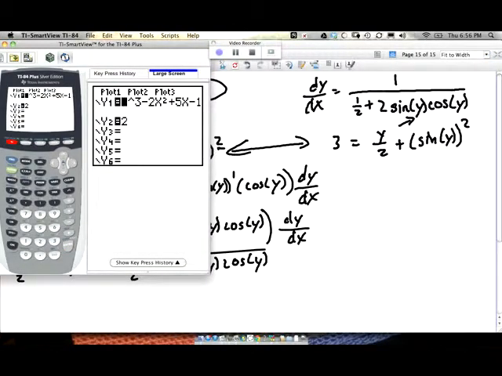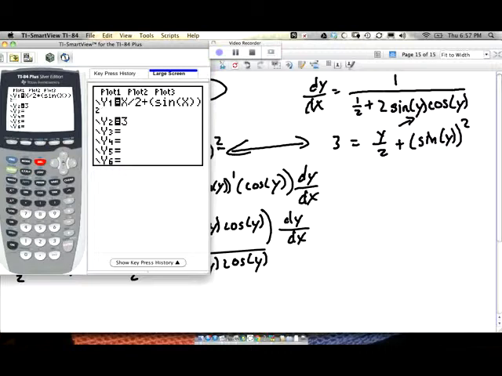In this case, we should say y equals 3. But let's calculate this other one. It's going to be the variable divided by 2 plus, now we got to put this in parentheses, sine of the variable, close that all off, and then square it. Delete these other two pieces, and there we go.